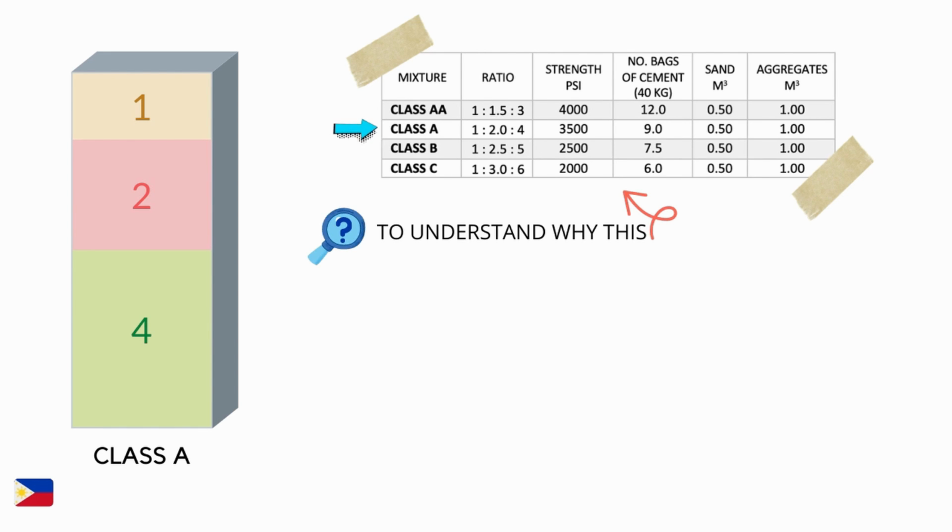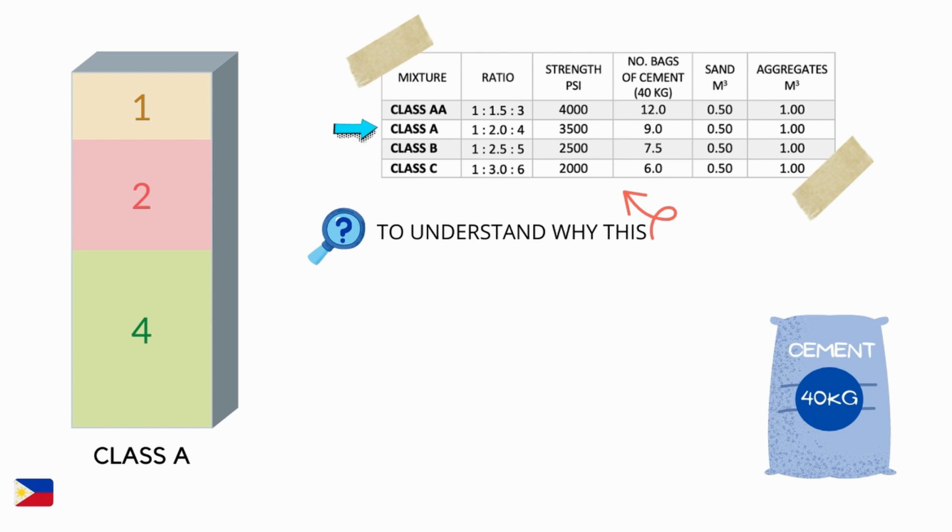To prove that it follows the ratio 1:2:4, let's take a look at the cement. Remember, for every 1 bag of cement, there is 40 kilograms. So 9 bags multiplied by 40 kilograms per bag gives 360 kilograms of cement. Now, the standard density of cement is 1,440 kilograms per cubic meter.